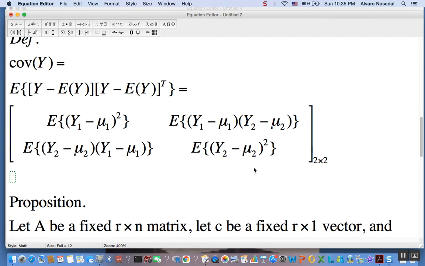And the epsilons are assumed to be independent, and if we have two independent random variables, the covariance between them is 0. So we would have sigma squares on the diagonal and zeros elsewhere.